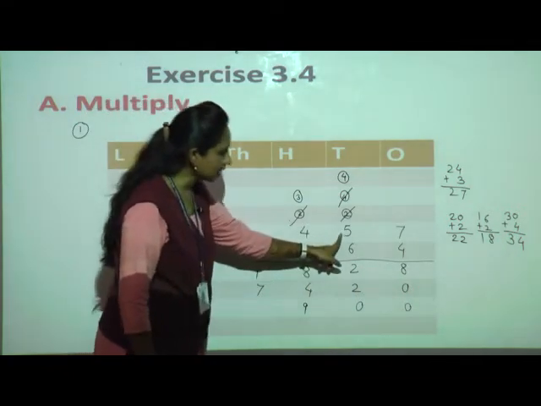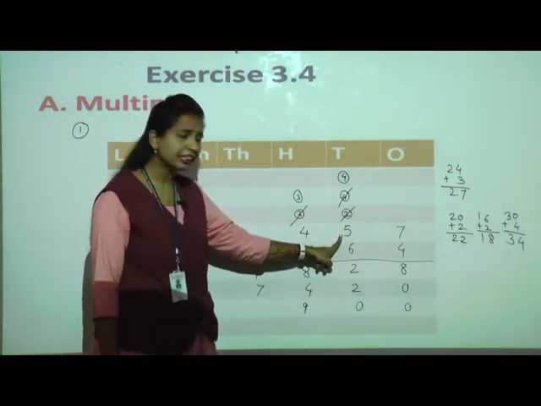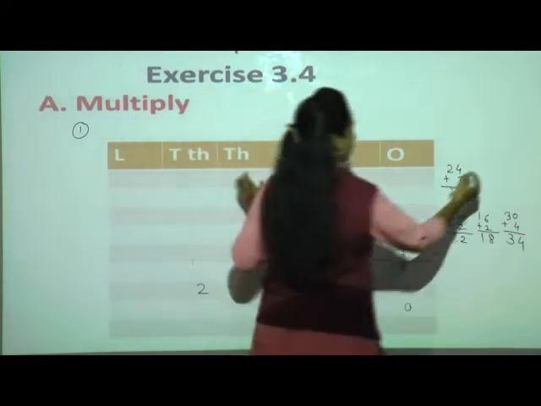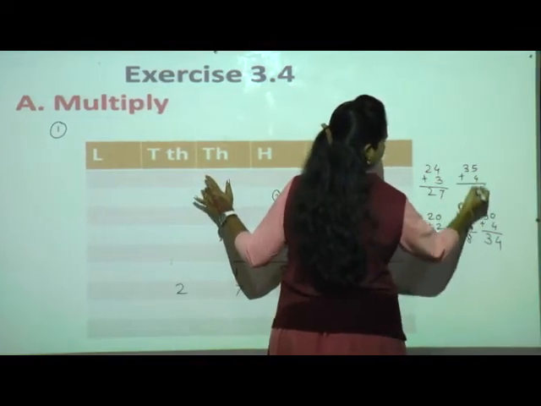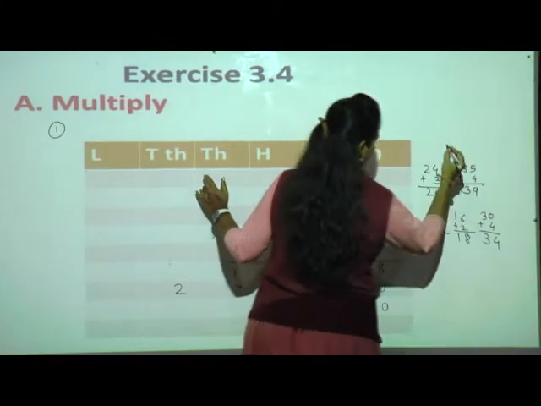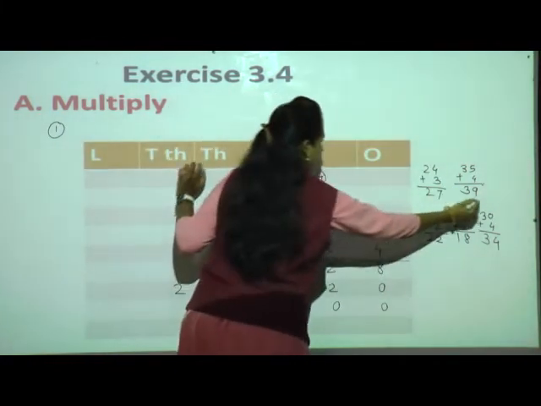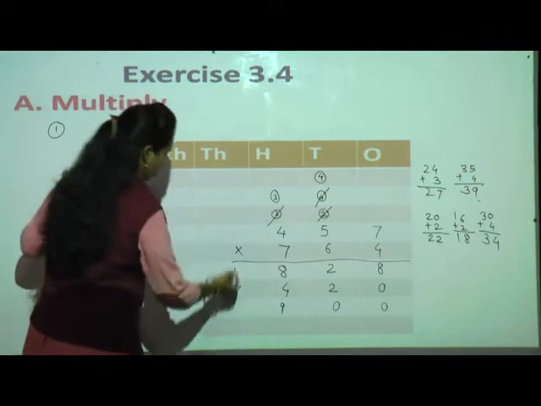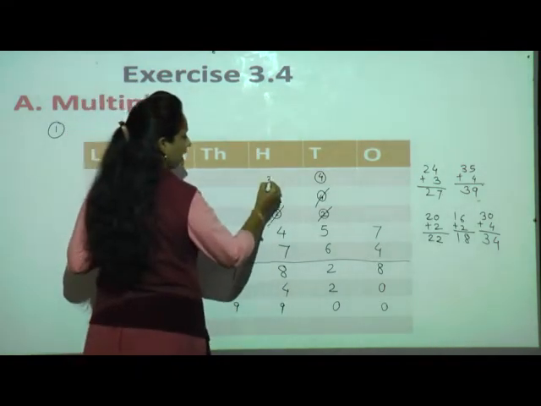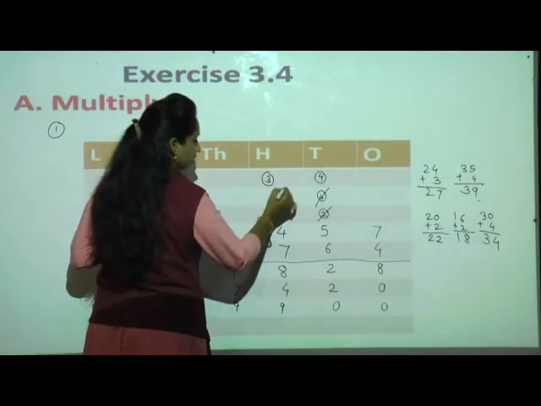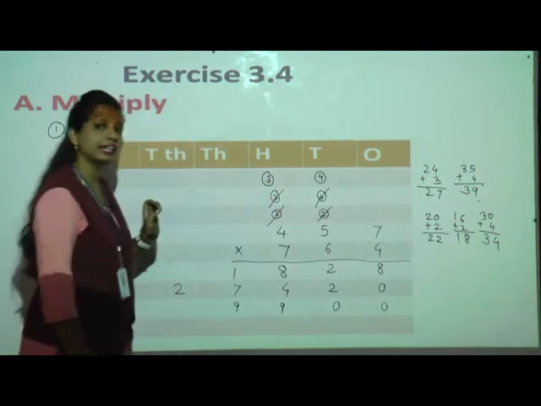Now 7 5s are 35. 35 plus 4. 5 plus 4 is 9, 3 as it is, 39. So 9 we will write on the thousands place and 3 will go to the hundreds place. So cut the previous carry over.